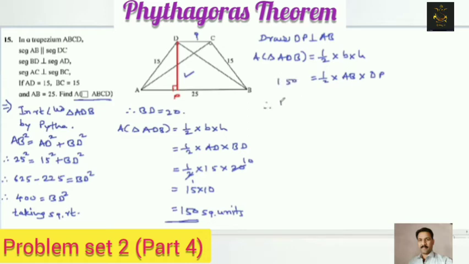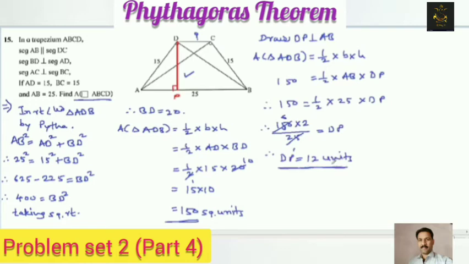So 150 is equal to half into AB, which is 25, into DP, we'll find now. So all these terms transfer to this side, and we get 150 into 2 upon 25 equal to DP. So 25 sixes are 150, so DP we get here is 12 units. This is the height of that trapezium.